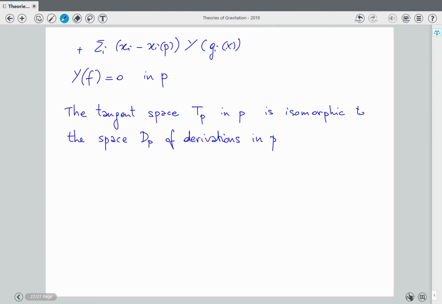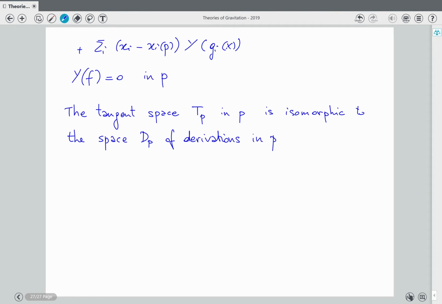Isomorphic means there are two vector spaces, and in a vector space you can sum vectors and multiply them by scalars, and so their isomorphism must preserve the linearity property. So the sum must be sent into a sum, and the multiplication by a scalar must be sent into a multiplication by a scalar.